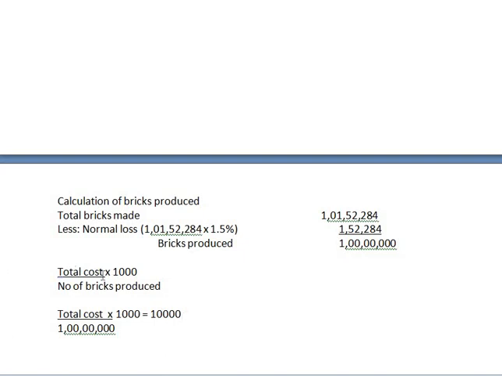They have asked us to calculate per thousand bricks. So total cost divided by number of bricks produced, per thousand we are calculating, so into 1000. Once you simplify it, you will get 10,000 bricks.